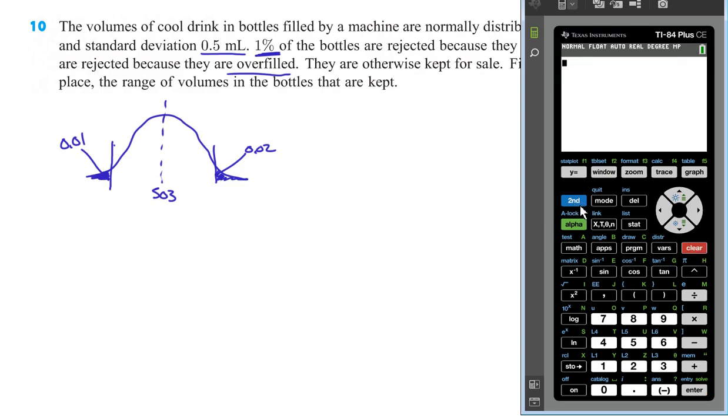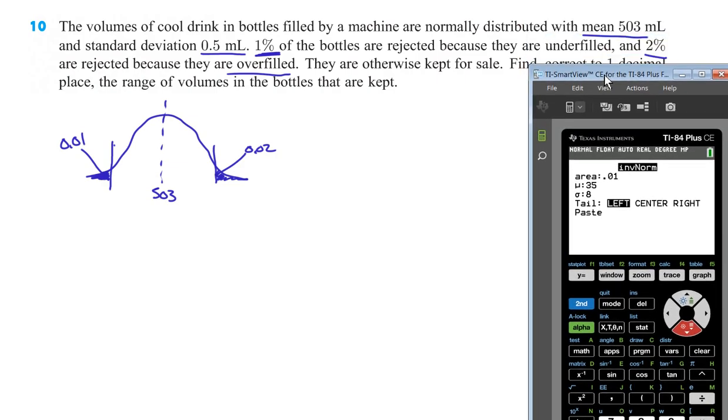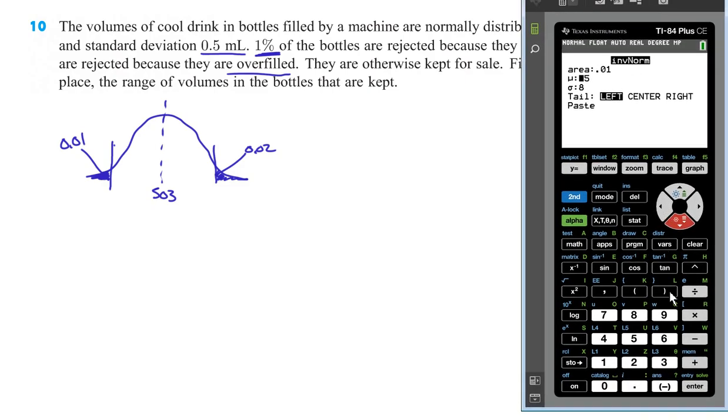So we're going to do second variables, inverse normal. The area here is 0.01 because it's 1%. The mean is 503. Standard deviation is 0.5.